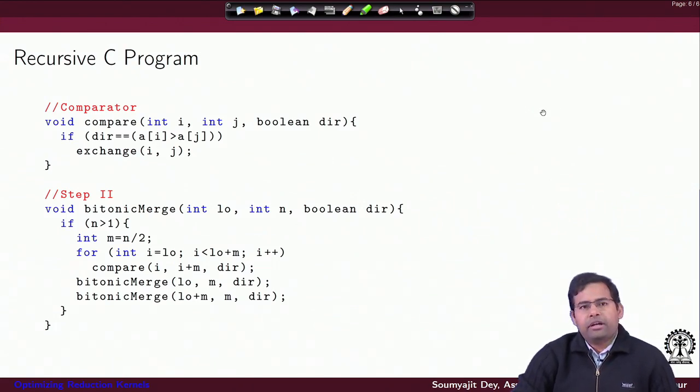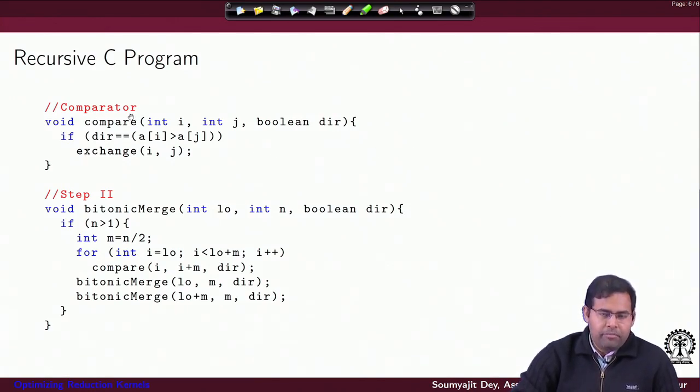First, let us look at a recursive C program which can perform the Bitonic sort by using the idea we just discussed. So, this is our basic comparator. It is considering two inputs i and j, and it is given a direction, right. Now, look at the way we are writing the program here.